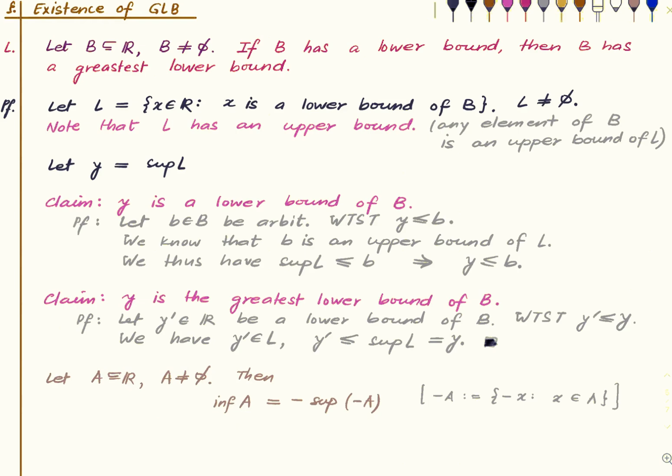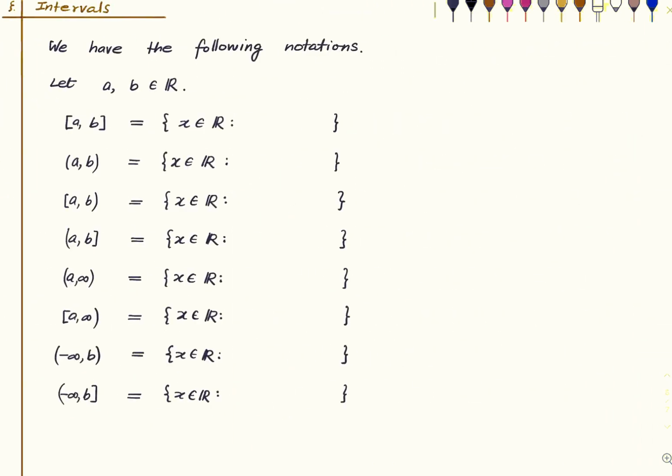Okay, let me finish this with some notations, which we are again familiar with from high school. So suppose A and B are two real numbers, and you may assume that A is less than equal to B. Okay, then we define, although this assumption is not really needed, but still.